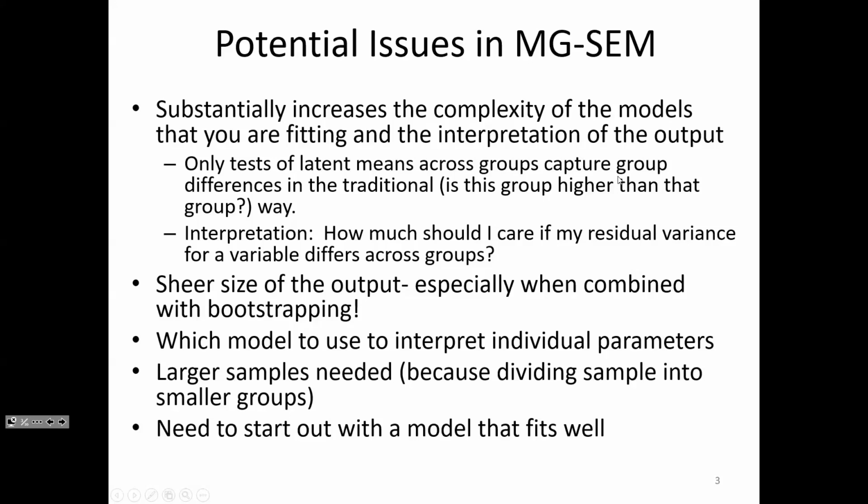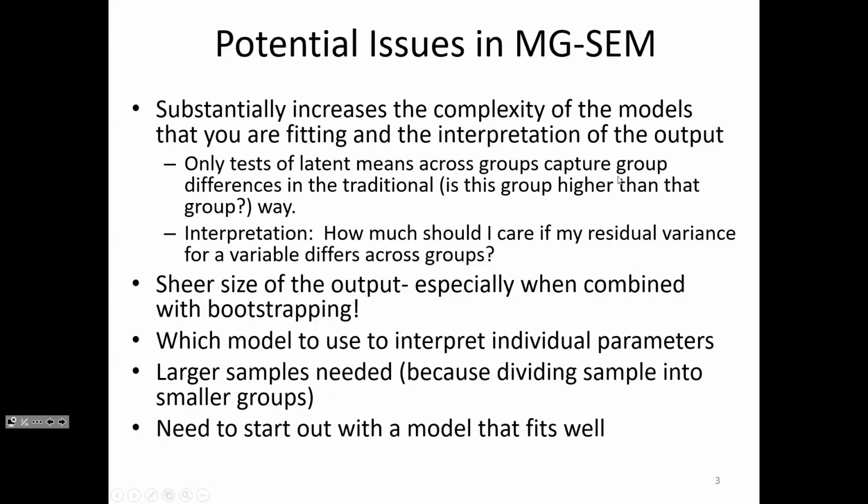At a certain point you almost think about type 1 error rate, right? If you have that many groups and you're making that many comparisons, you're going to hit something that is not going to be the same across groups. There's a lot to think about there. We certainly need larger sample sizes when we're doing this work because we're essentially fitting the model separately in each group.